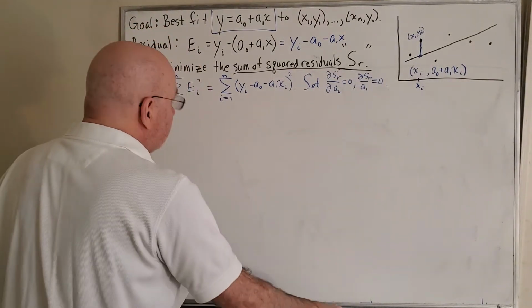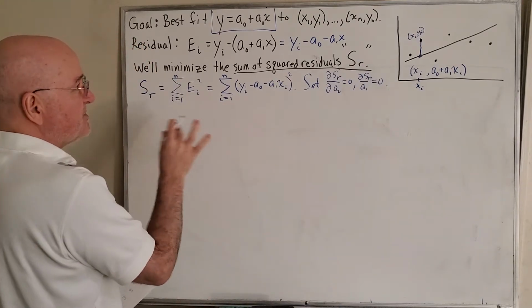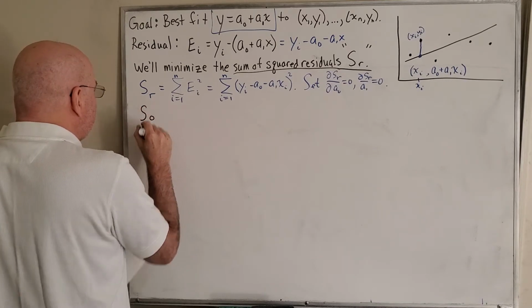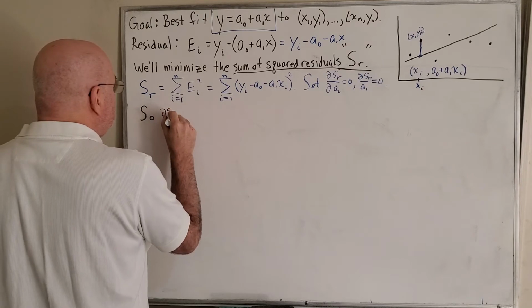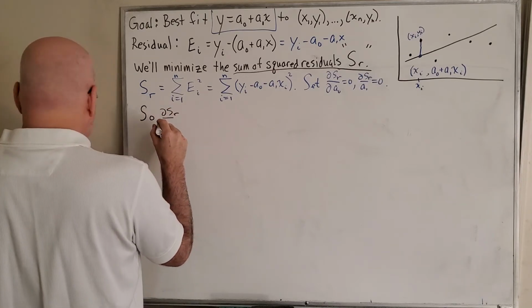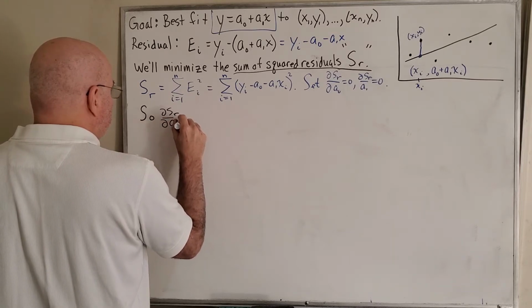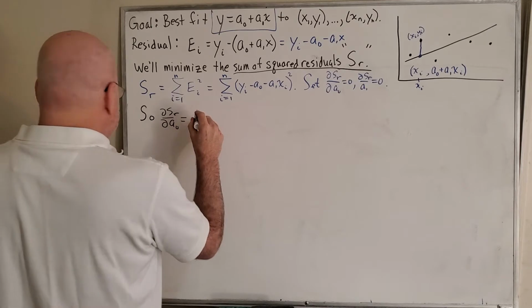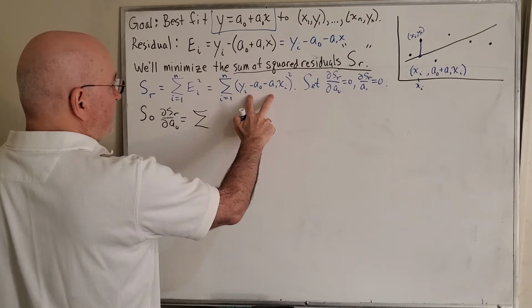Okay, so I'm going to alternate colors just to make sure the lines don't get blurred together. The partial of SR with respect to A0 is equal to, we're just going to differentiate one at a time.